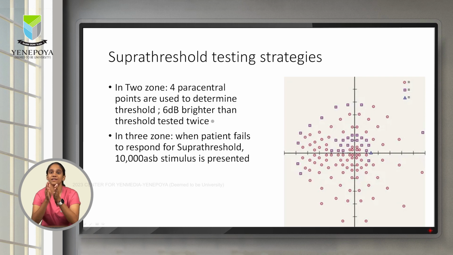You should remember that supra-threshold is more of a screening strategy rather than a diagnostic strategy, because supra-threshold doesn't have normative data for it. It is just to give you a generalized idea whether you have to test the patient for glaucoma or not.